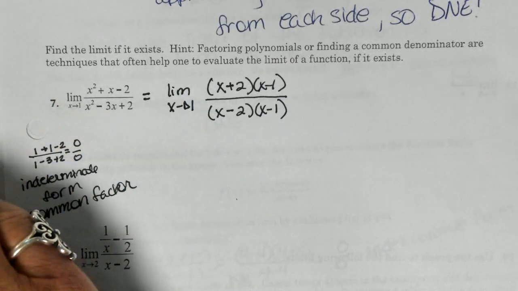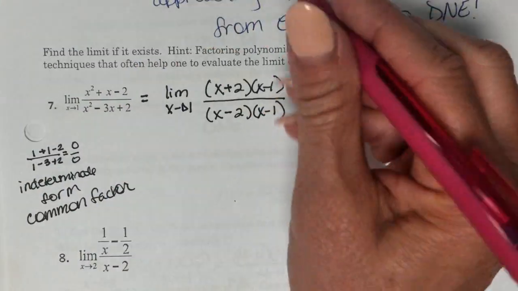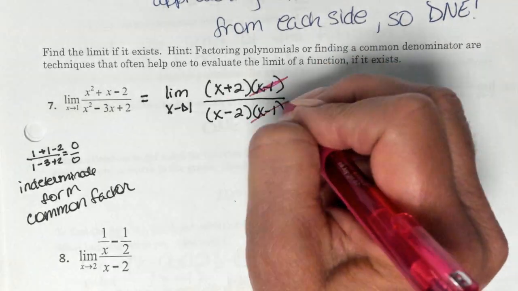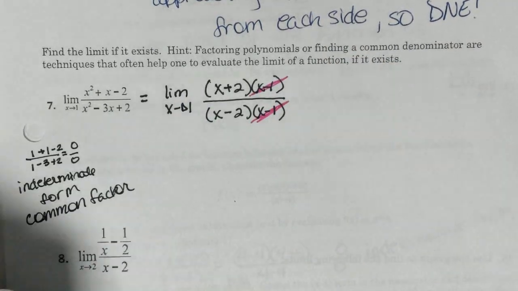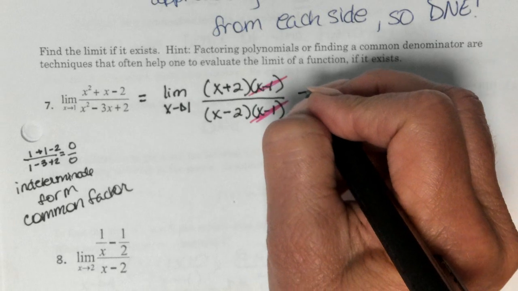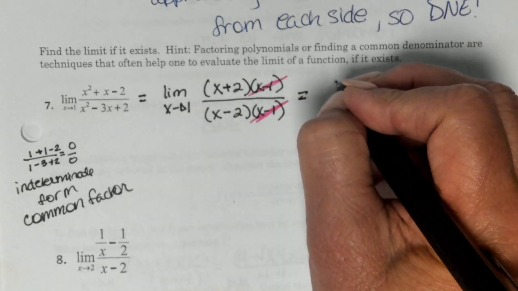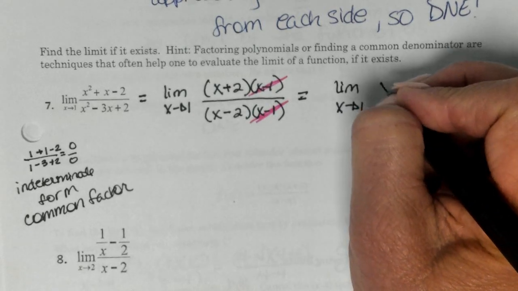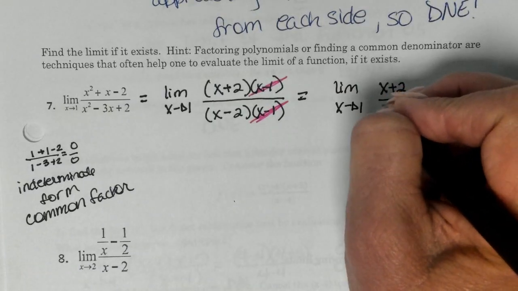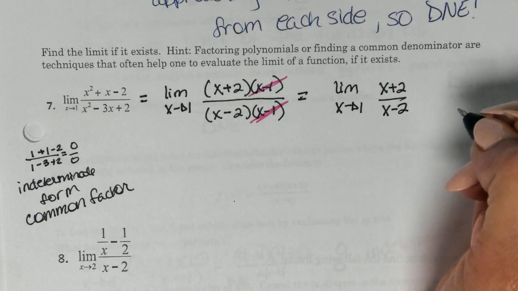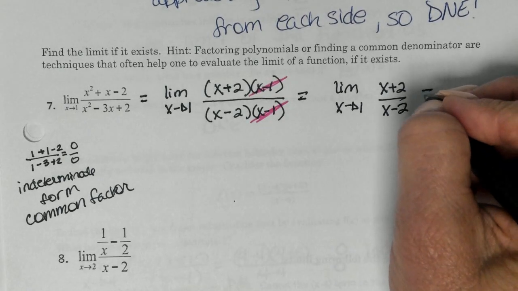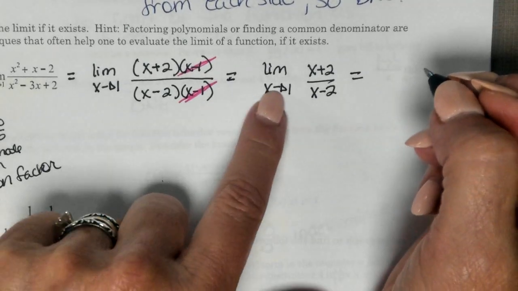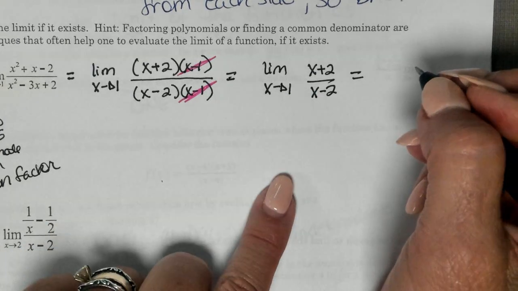Once I factor that out, I can see my common factor is x minus 1. So I'm going to take that out and rewrite it as the limit as x approaches 1 of x plus 2 over x minus 2. Now, once I plug in the 1, you can do that mentally or rewrite it out.